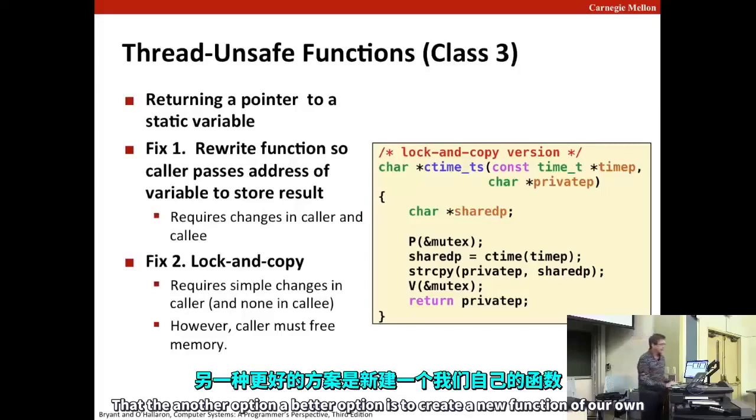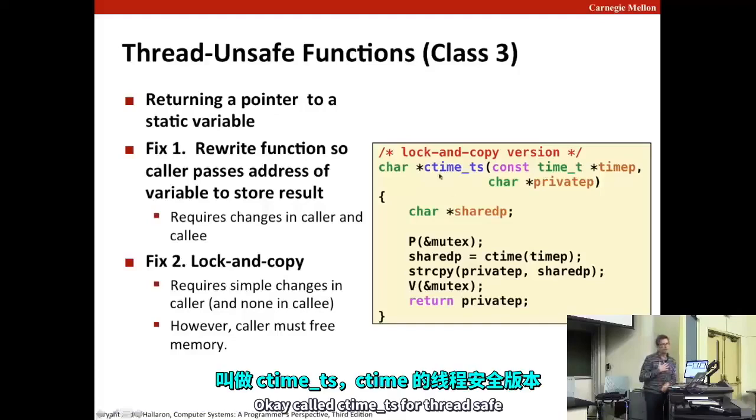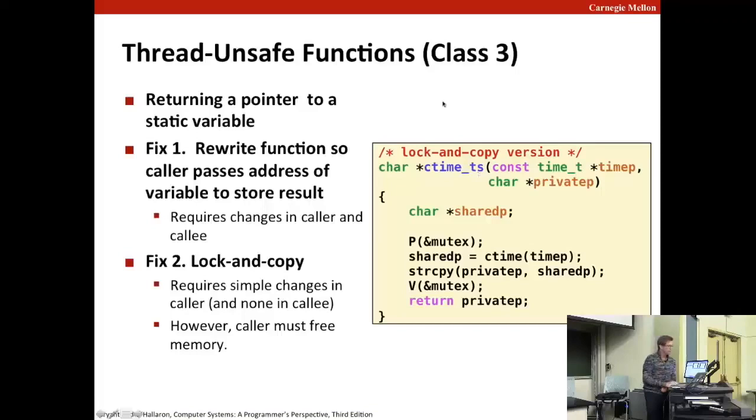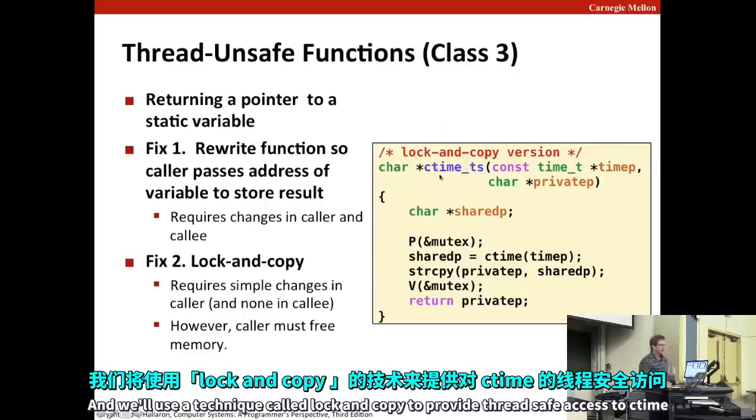A better option is to create a new function of our own, okay, called ctime_ts, for thread safe. So we'll create our own wrapper function for ctime. And we'll use a technique called lock and copy to provide thread safe access to ctime.